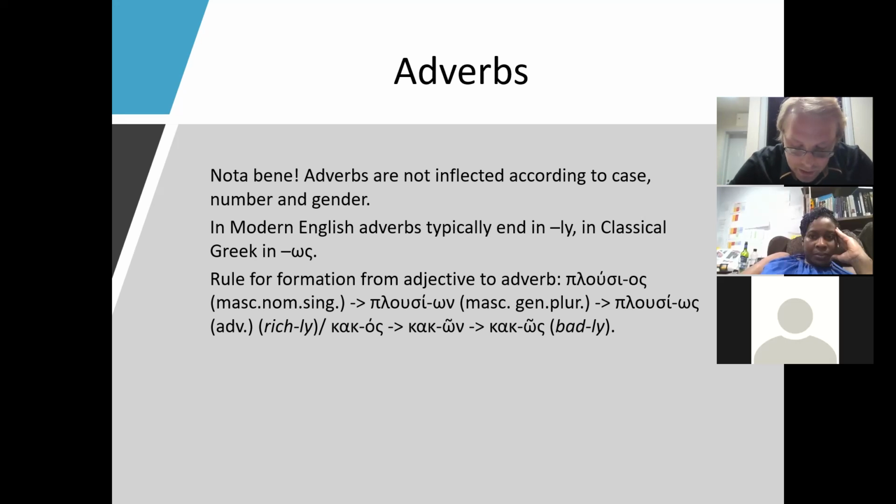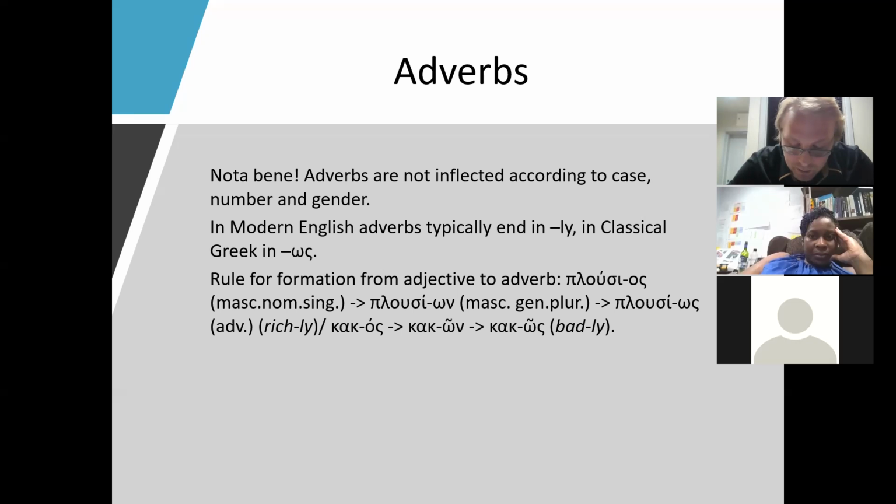In classical Greek, there are different ways that adverbs can be formed. One very common type is the ones ending in "os." And one practical way of constructing adverbs of this type is to proceed from the form of the corresponding adjective in the masculine plural genitive form, and then replace the concluding ny with sigma.